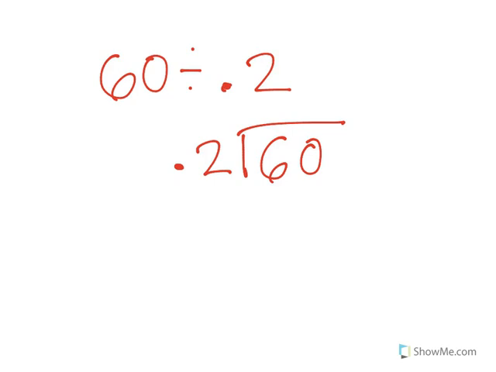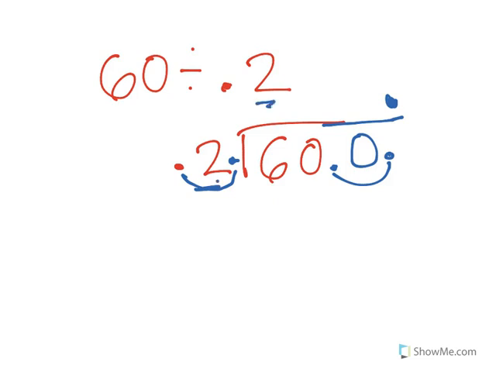So before I even start anything, the first thing I'm going to do is put a decimal point after my whole number inside the bar. I also have a decimal point on the outside. I need to make this into a whole number, so I have to move the decimal over 1. On the inside, I have to do the same thing by adding a 0 and moving the decimal point over 1. I'm going to extend my fraction bar and bring that new decimal straight to the top. Then I'm just going to divide.